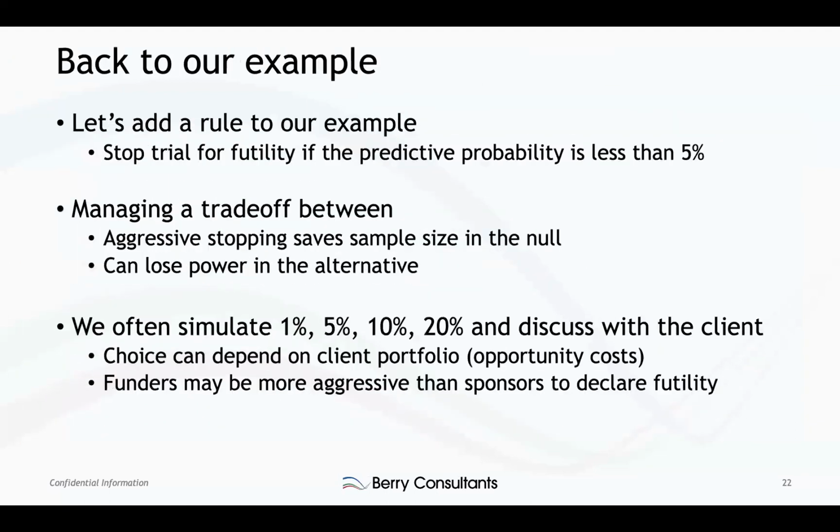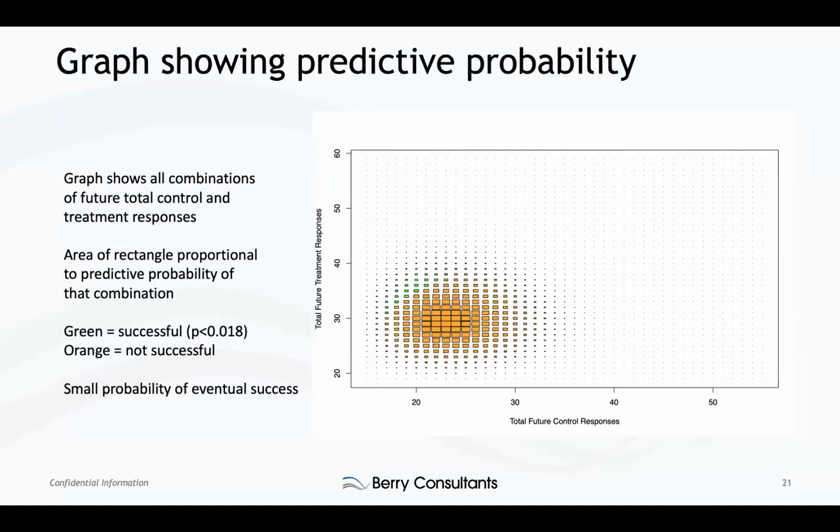So there's a question: what if the endpoint is a survival endpoint? Can you generate a similar predictive probability graph? Yes, it would probably involve the predicted events rather than control responses. You could do this in terms of estimated hazards on both arms.